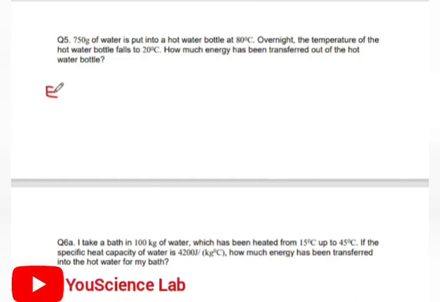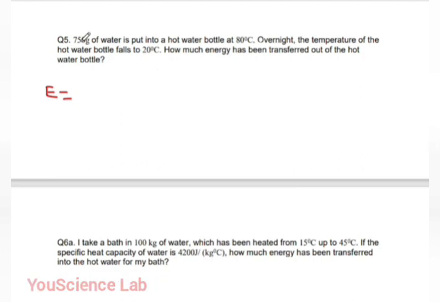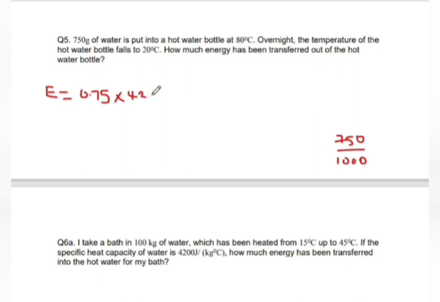E is equal to, here we have to convert the 750 grams to kilograms. So that would be 750 divided by 1000. That's going to give us 0.75 times the specific heat capacity of water, 4200, times the temperature change, 20 minus 80, that's minus 60.